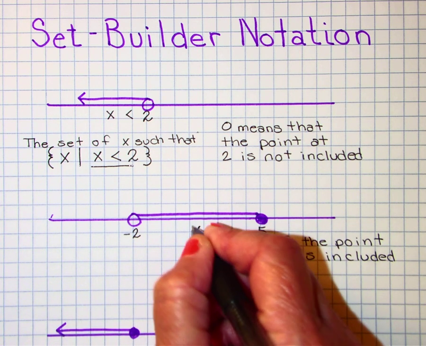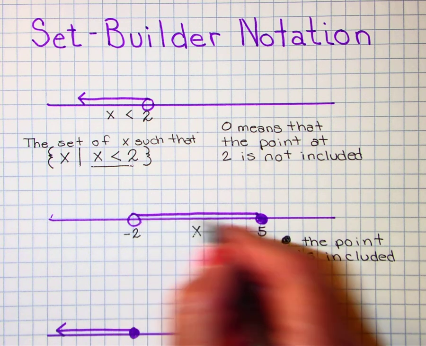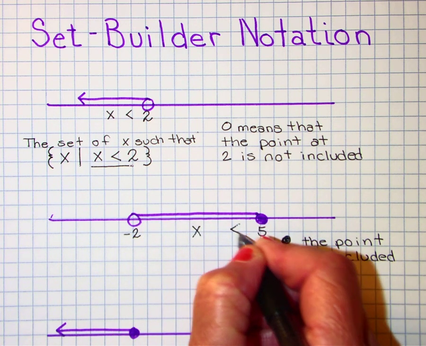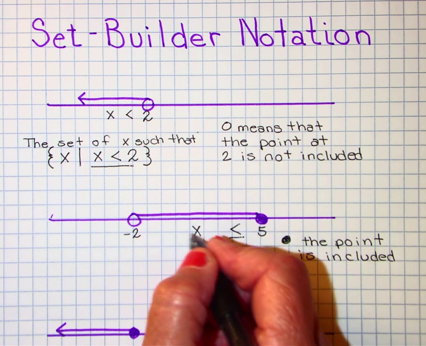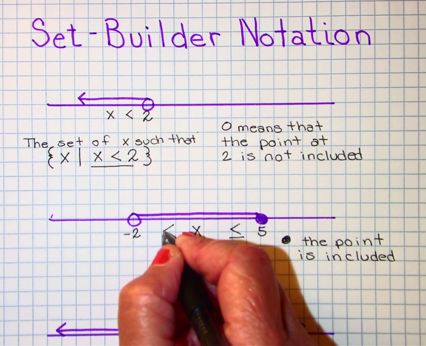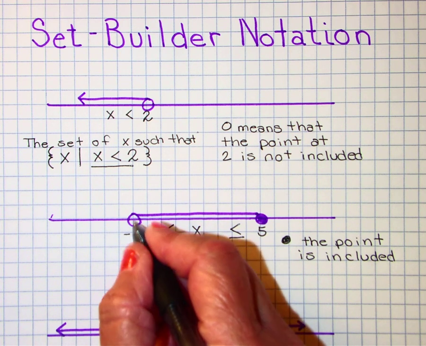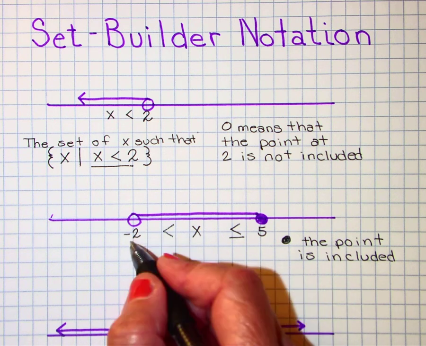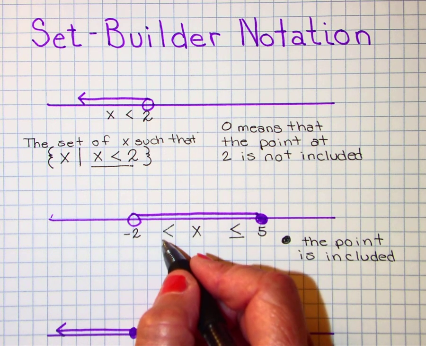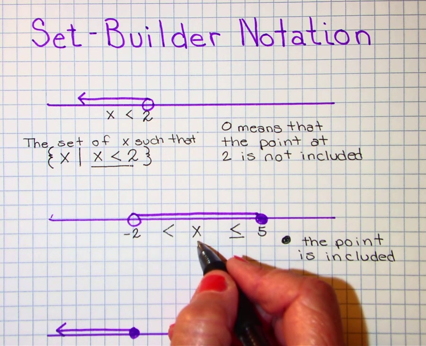We can put the X between it because X will be somewhere on this line. We know that X will always be less than, and in this case less than or equal to, 5. And X will always be greater than -2. Now, not greater than or equal to. We can look at this also that -2 will always be smaller than X.